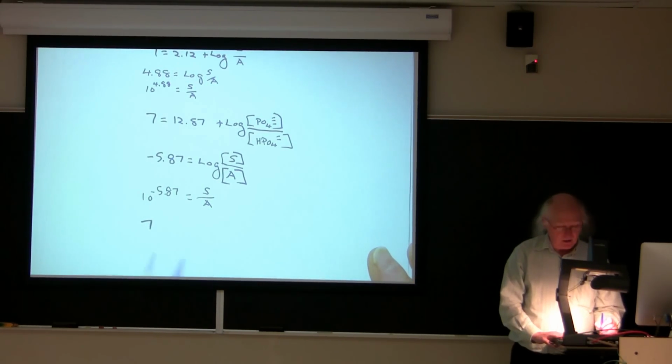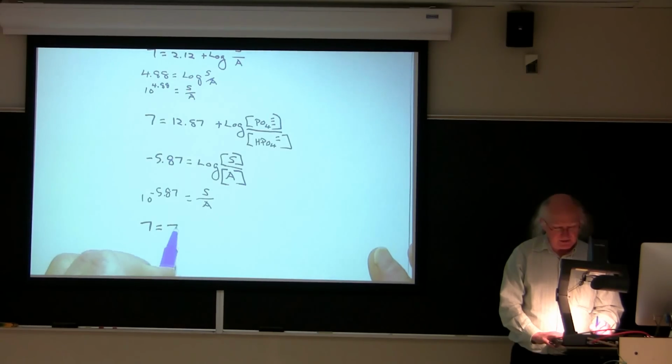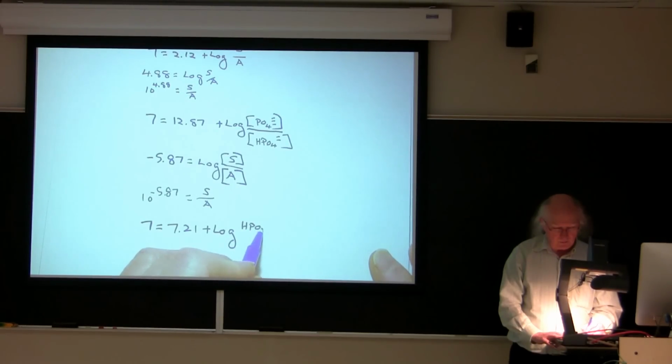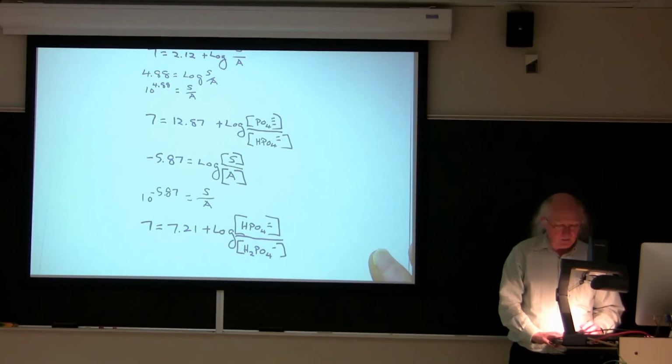We see at pH 7, we have a pKa for this ionization of 7.21 plus the log of the salt form, which is HPO4 minus minus, divided by the concentration of the acid, which is H2PO4 minus. Bringing our terms over, we see that minus 0.21 equals the log of the salt form over the acid. 10 to the minus 0.21 equals S over A.